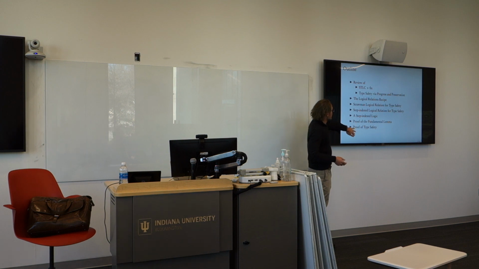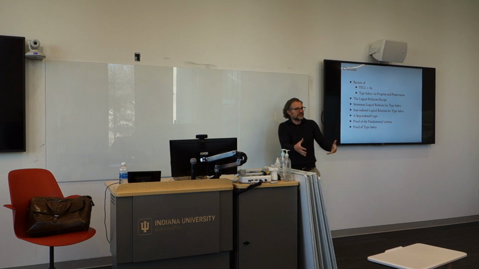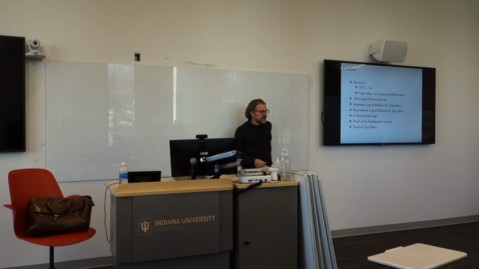And at the very end, there's a fairly easy proof that the logical relation you've created gives you type safety. That's usually pretty straightforward because you define the logical relation to basically be what you want to prove. That's the outline of what we're going to do today. Any questions?